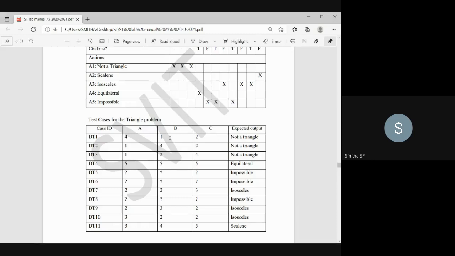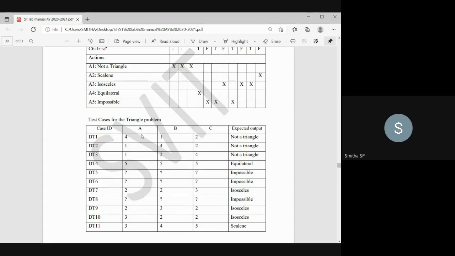You are supposed to make entries for these three sides, and check the expected output against the actual output. So go through these test cases. The sides which you have entered, 4, 1, 2, do not form a triangle. So the expected output is not a triangle.